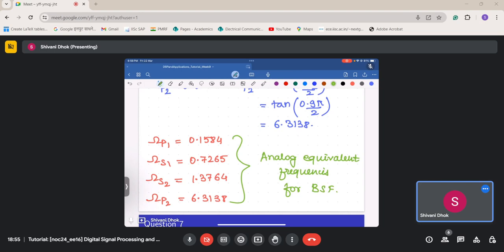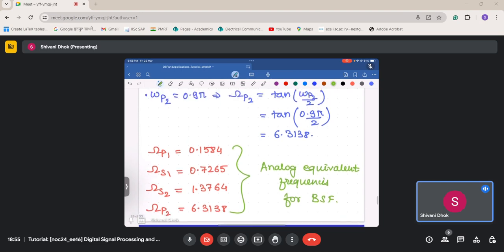Okay, so this completes the second part of this particular question, and now we are left with the third part. That is, we want to construct first a low pass filter, and for that construction we need to figure out what are the passband and stopband edges for the low pass equivalent or transformed filter.